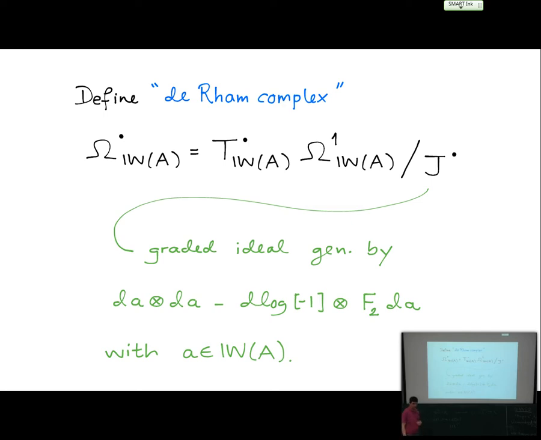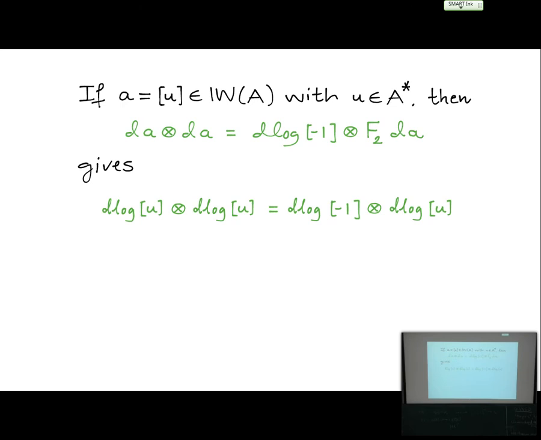So if 2 is either nilpotent or invertible in the ring, it's the same. Let me explain briefly why this is not crazy. If A is the Teichmüller element of a unit, then if I take this relation and divide by A squared, I get this relation: d log Teichmüller u tensor d log Teichmüller u is d log Teichmüller of -1 tensor d log Teichmüller u.